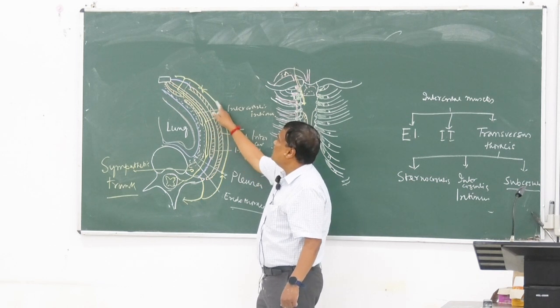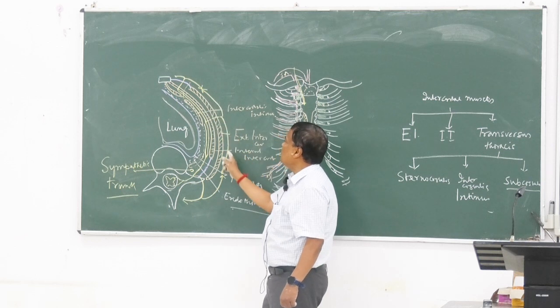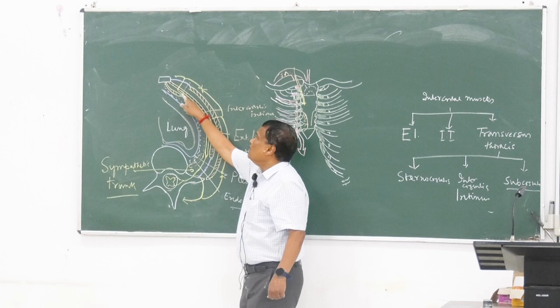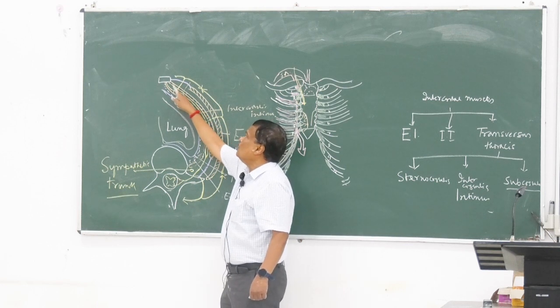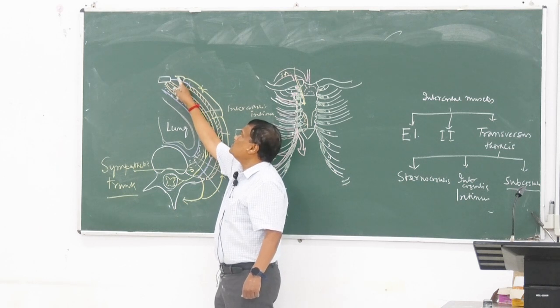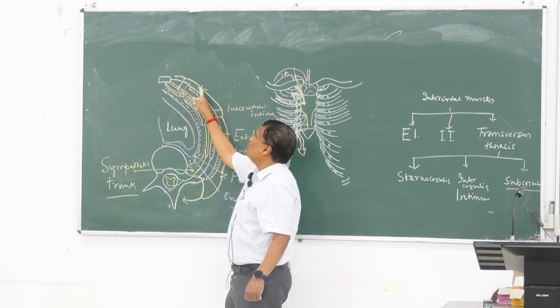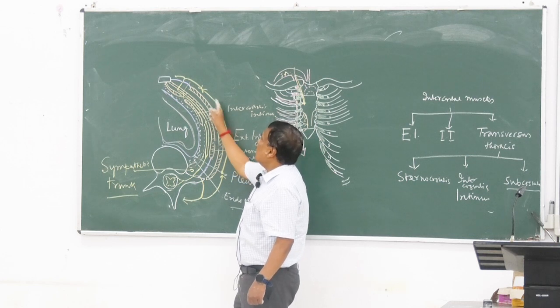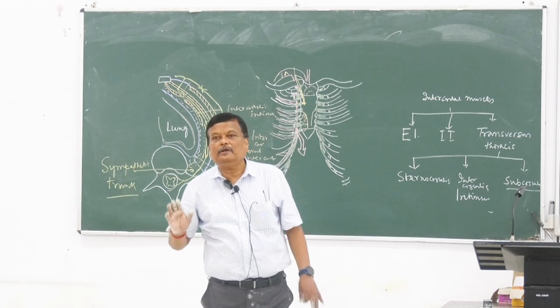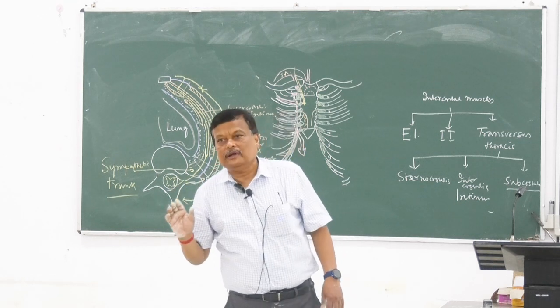The lateral cutaneous branch again divides into a medial and a lateral branch, or an anterior and a posterior branch. And the main nerve goes more anteriorly, and close to the sternum, it pierces the internal intercostal muscle and anterior intercostal membrane, and becomes the anterior cutaneous branch, which again gives two branches, a medial branch and a lateral branch, which anastomoses with the anterior branch of the lateral cutaneous branch. So this is the typical course of the typical intercostal nerve.